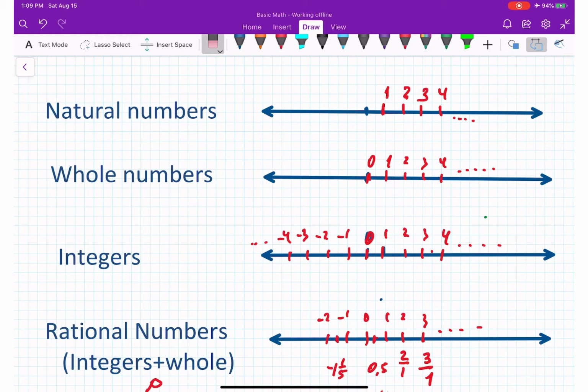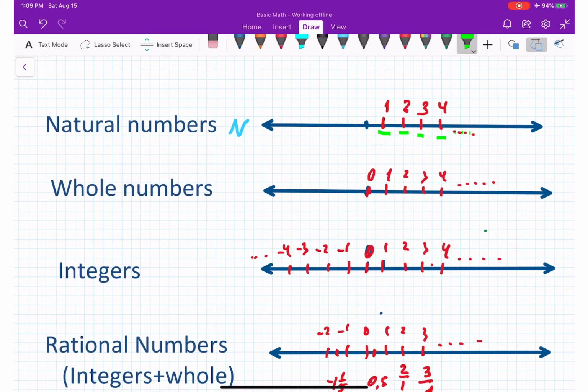The set of natural numbers is denoted by letter N. This is notation of natural numbers. And natural numbers start from 1. 1, 2, 3, 4, and so on, 3 dots.